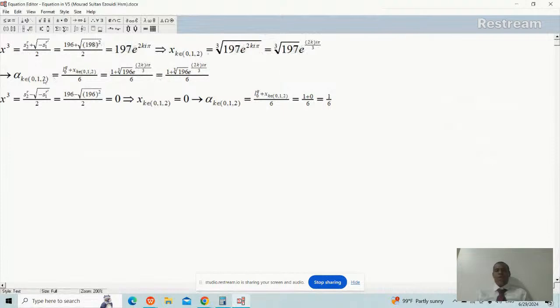Therefore, the roots of the original polynomial are equal to L0 for the cube plus xk, for k from 0 to 2, divided by 6, which is 1 plus cube root of 197 exponential to k i pi over 3, divided by 6, which equals the last part, this.